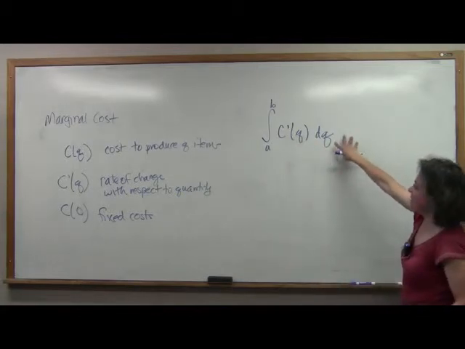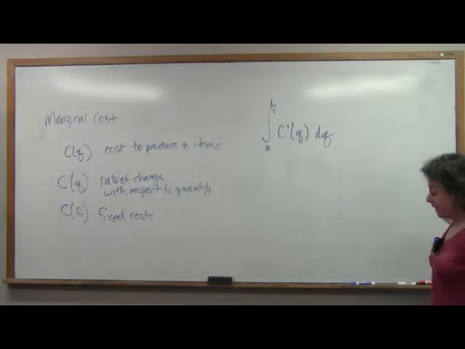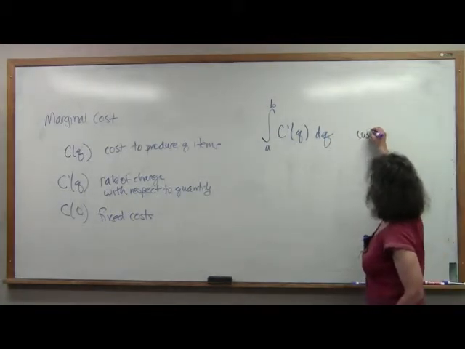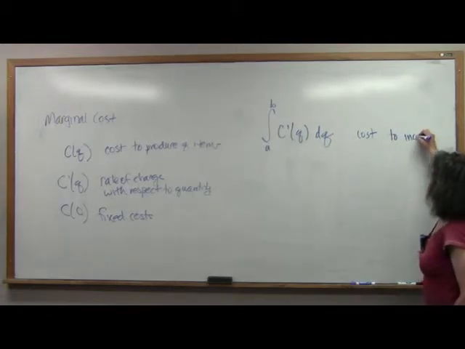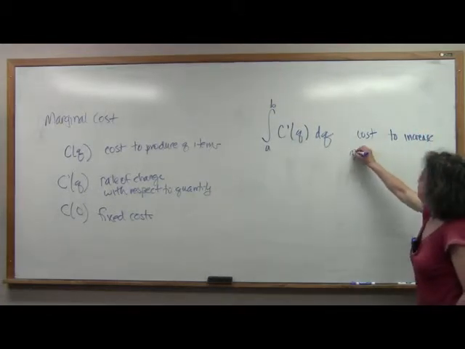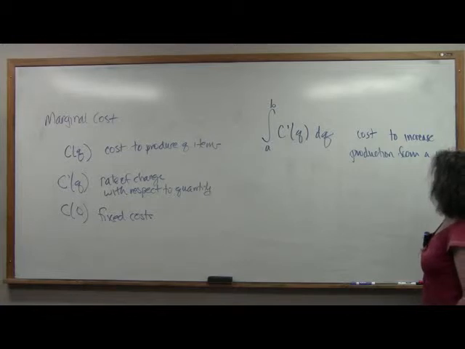This is the number of items. So we certainly get our cost function back. And essentially what we have here is the cost to increase production from A units to B units.